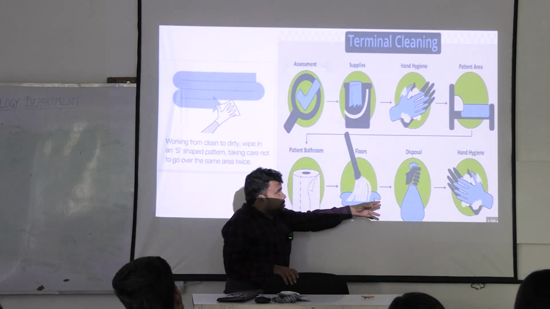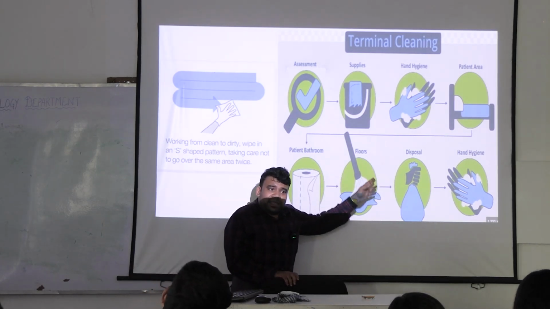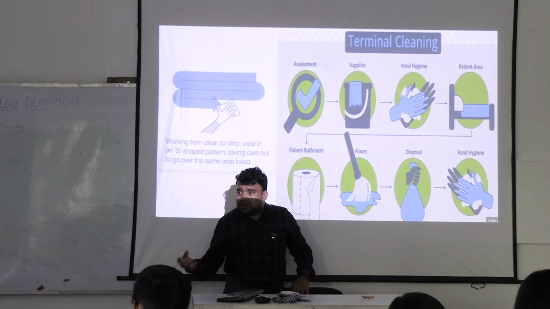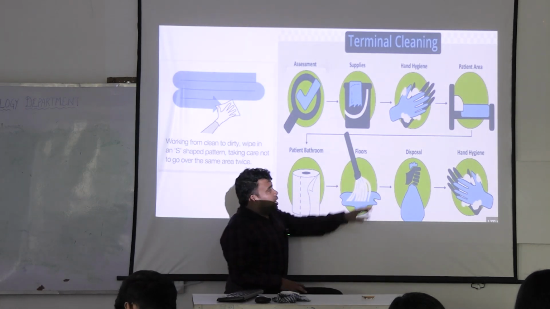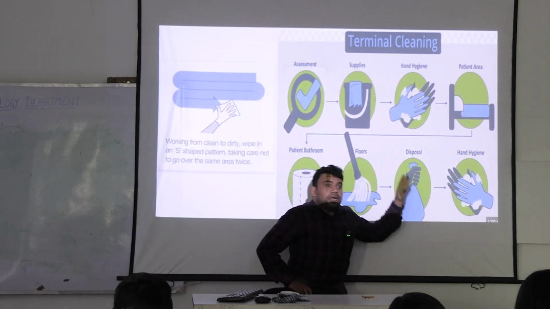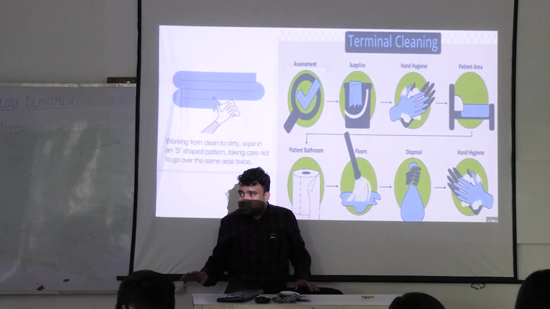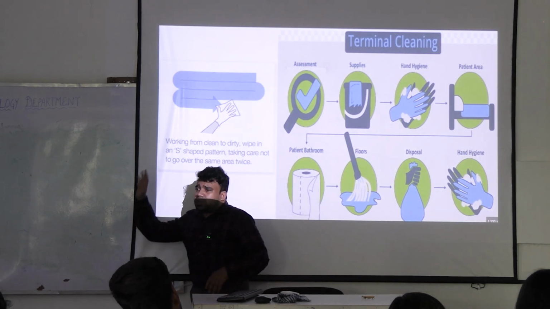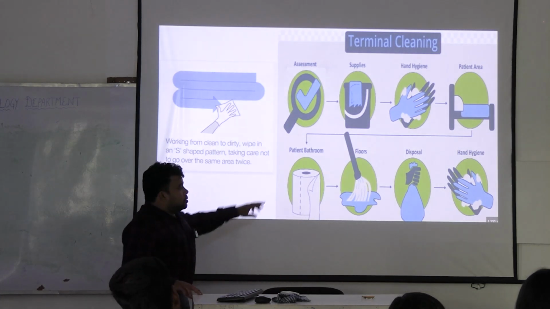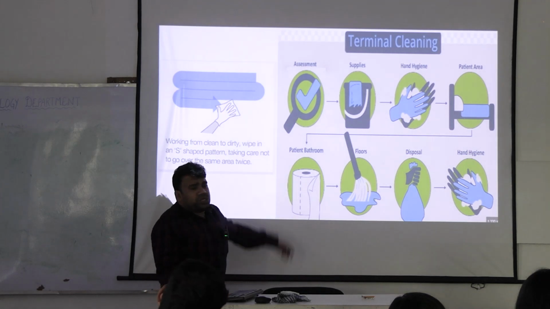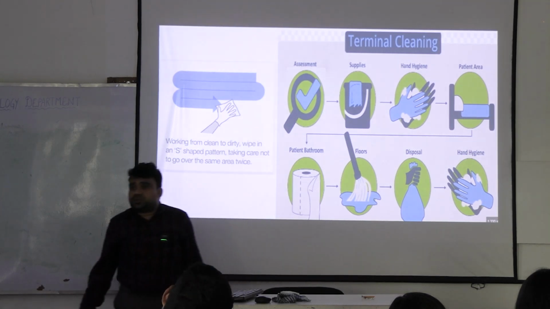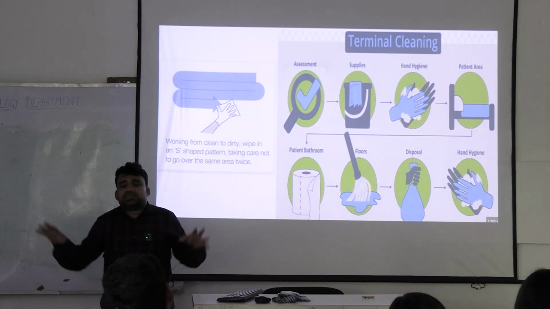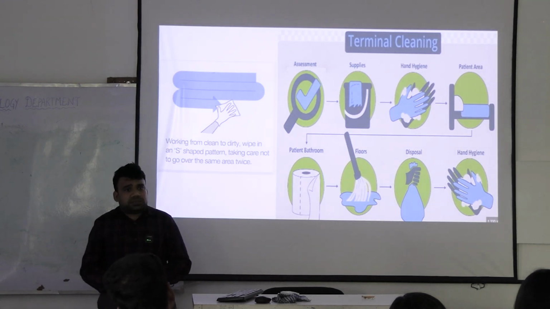Then disposal of all the equipments, for example the linen, the bedding, have to be disposed separately. After all this is done, then we need to go for surface disinfection, floors, walls, others. And finally, then we need to clean the patient's bathroom or the toilet that is used. This is the process by which terminal disinfection is done.